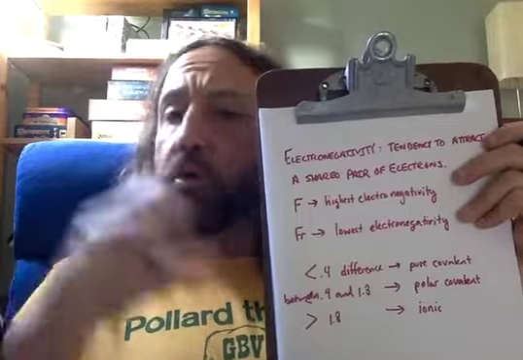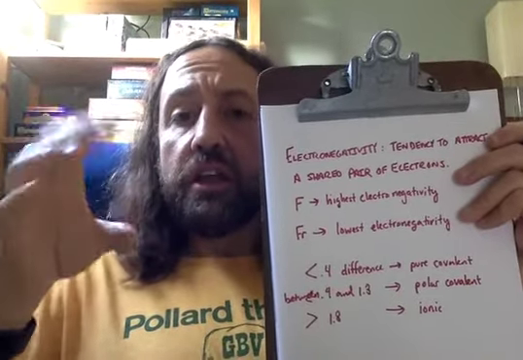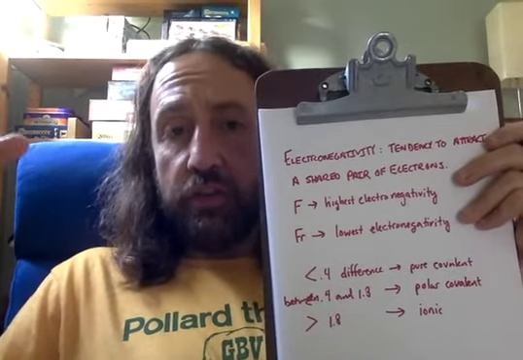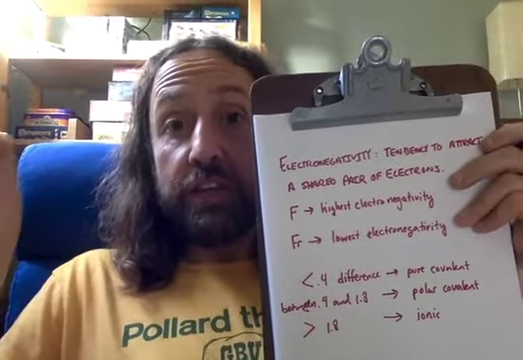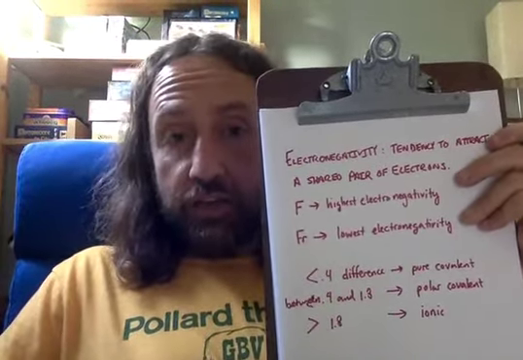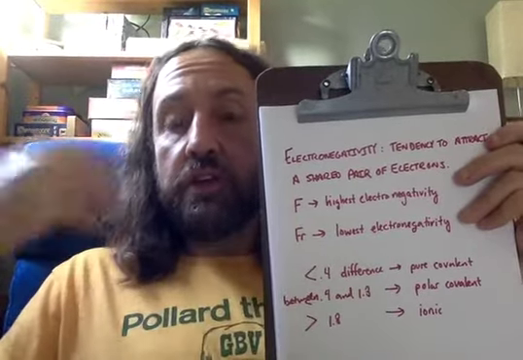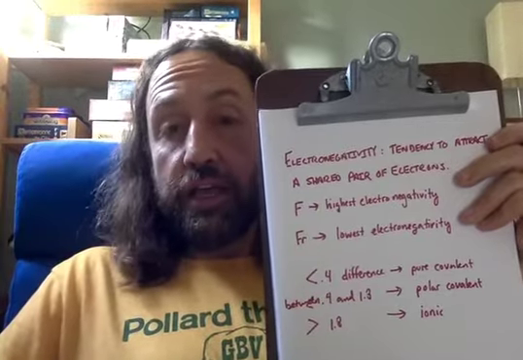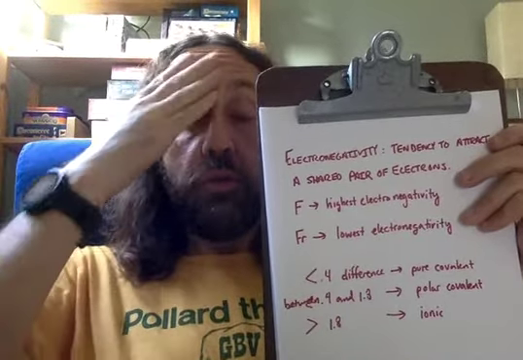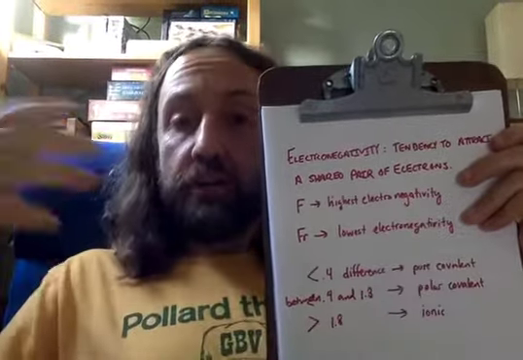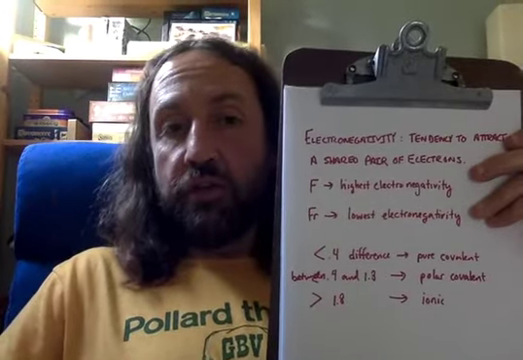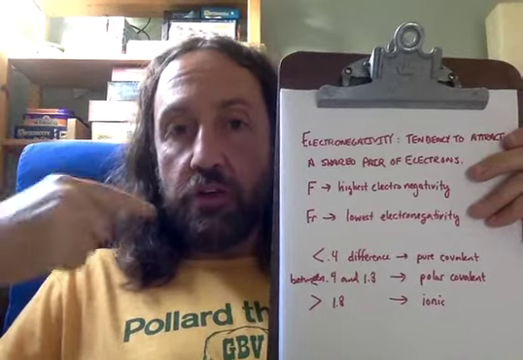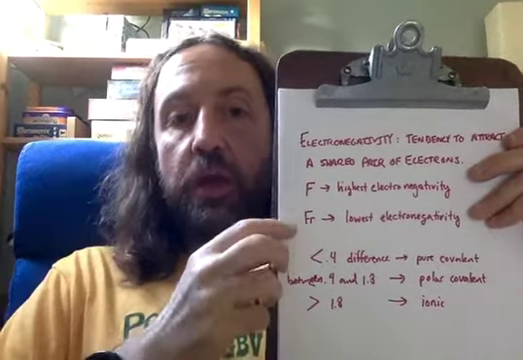In a bond, it pulls the electron to itself. Nothing makes fluorine happier than getting that electron. And that's why it has such a high electron affinity and a high electronegativity. And you'll notice that electron affinity and electronegativity go hand in hand, to the point where a lot of people juxtapose them and confuse them. But if you need to review what electron affinity is, go back to the video on it.